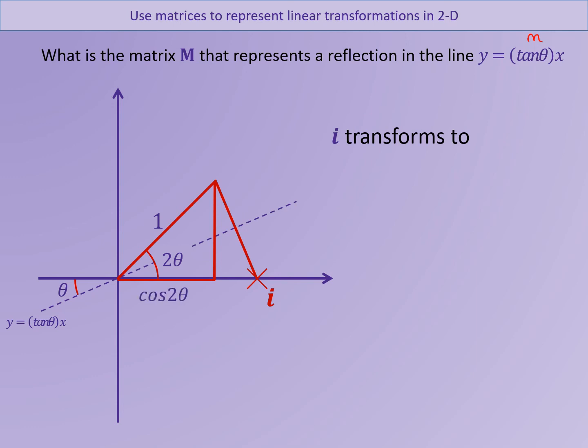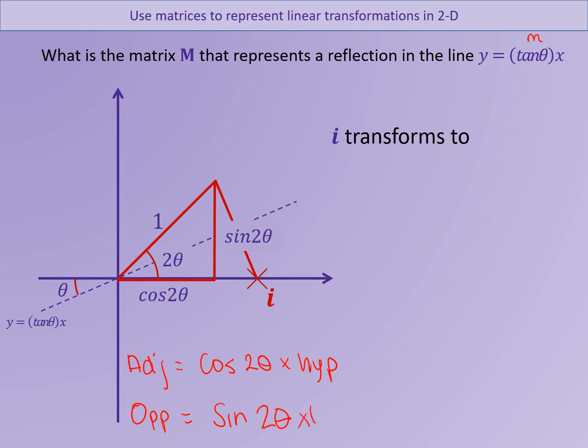So the adjacent is cos of 2 theta, and that comes from the adjacent being equal to cos of the angle, which is 2 theta, multiplied by the hypotenuse, which is 1. The opposite is equal to sine of the angle, which is 2 theta, multiplied by the hypotenuse, which is 1. So I is transformed to cos 2 theta, sine 2 theta. We remove the annotations again.